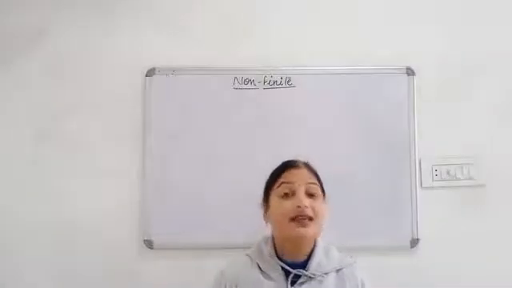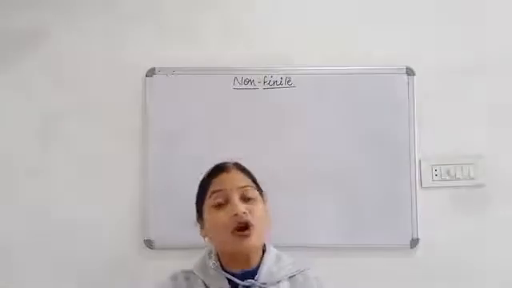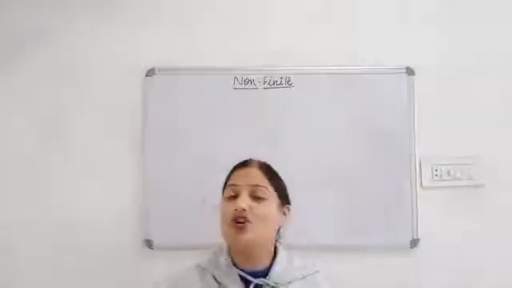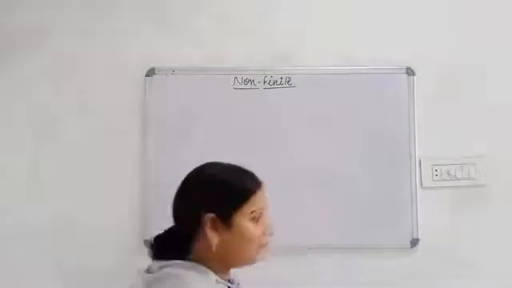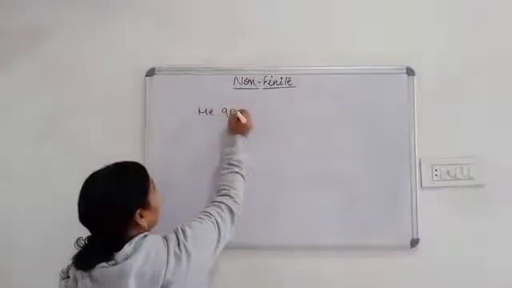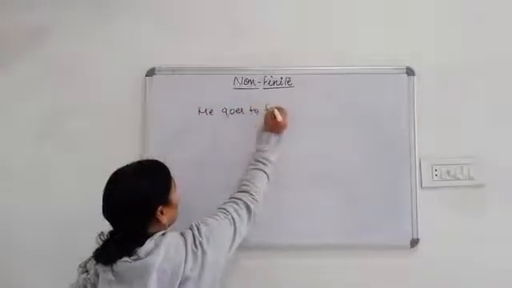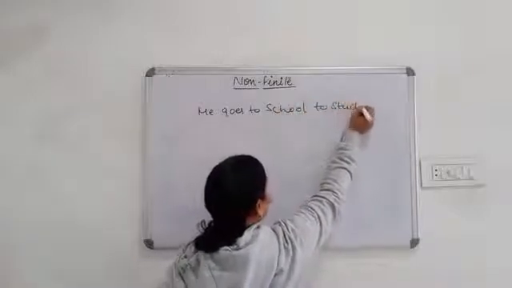Once again, if the verb is limited by person or by number, then we call it a finite verb. See some examples. Suppose I write, he goes to school to study.